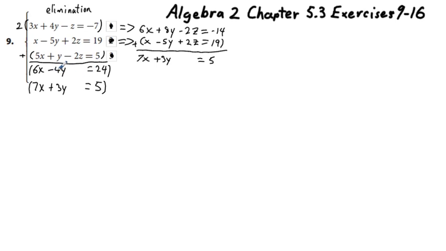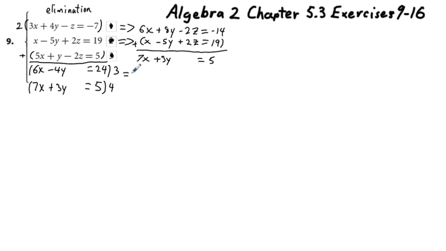We have negative 4y on top and 3y at the bottom. So I'm going to take the product of 4 and 3, which is 12, and we're going to multiply this top equation by 3. And the bottom equation, I'm going to multiply by 4.